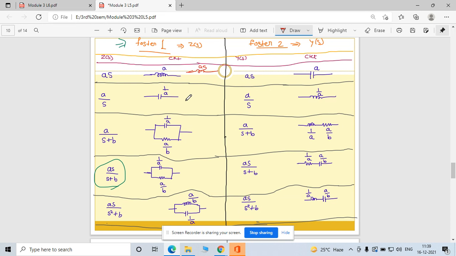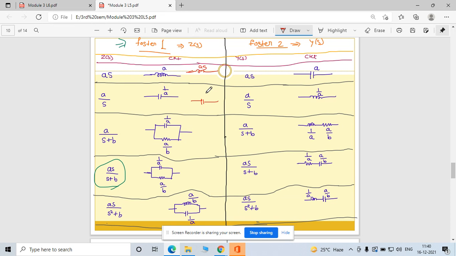Similarly for the capacitor, how to represent the capacitor? See, both are the same. When you do the Laplace transform for this capacitor, it is represented as 1 by Cs, right? Here the capacitor value is 1 by A. So when I represent in S domain, what you will get here is 1 by Cs.